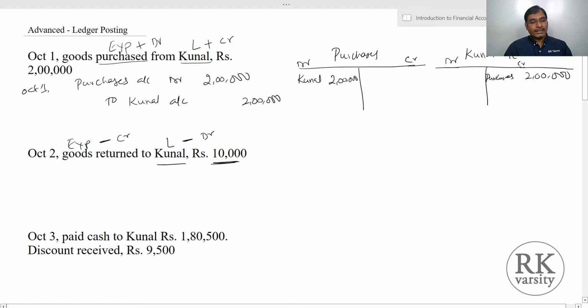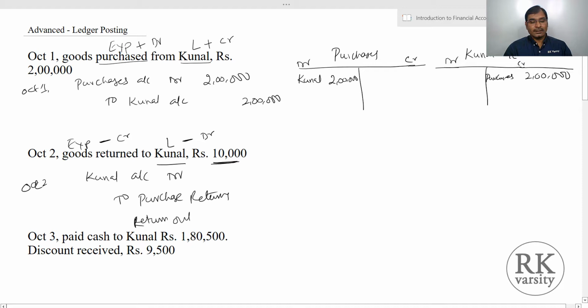Now the entry, that is the general transaction on October 2nd, is Kunal account debit to purchase returns, or sometimes we say return outwards also.